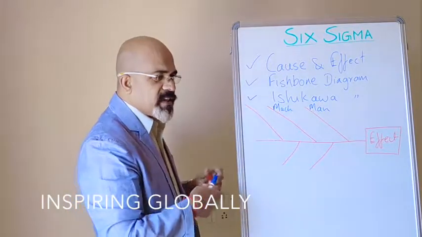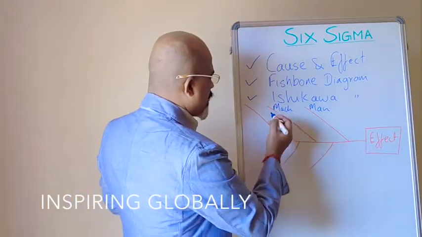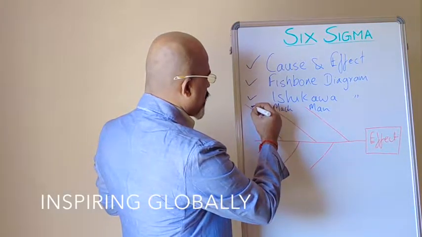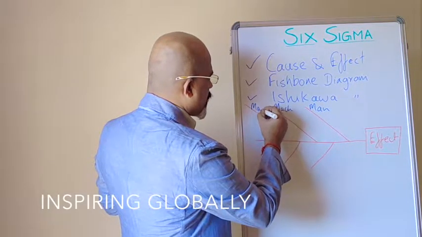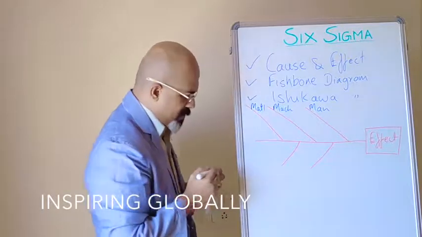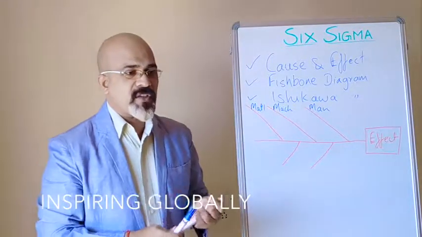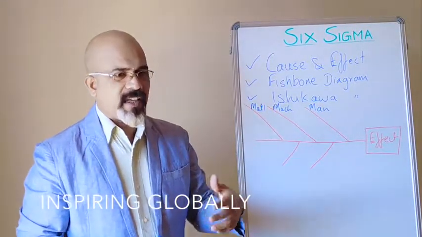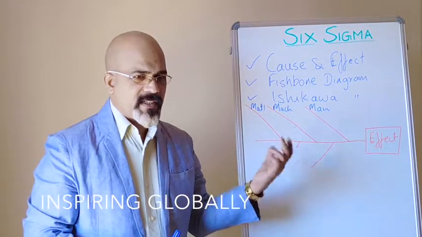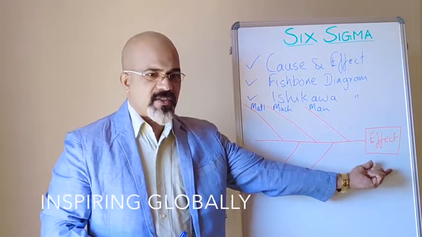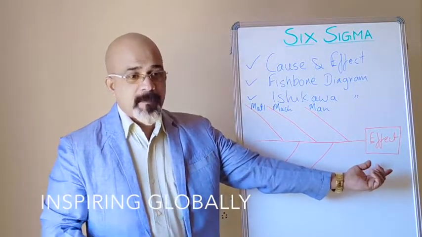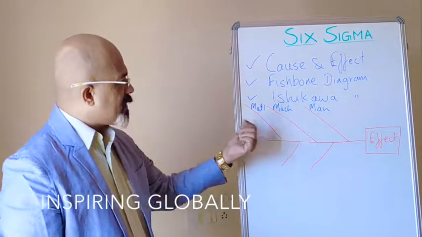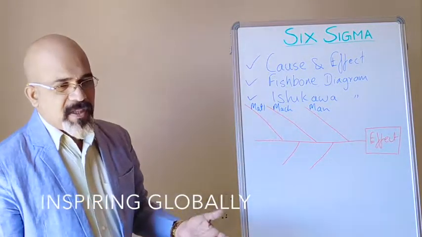Man, machine, method, or material. Let us put material. Just because of a different material which is not as good as the other one, did this rejection or a defect come, right? Just because of material.